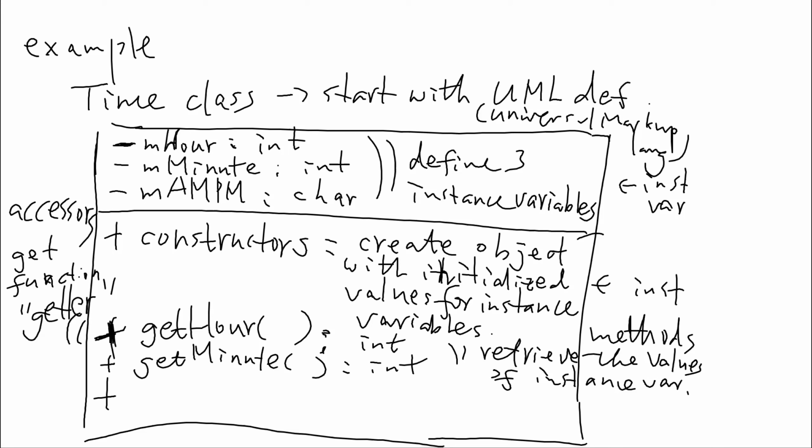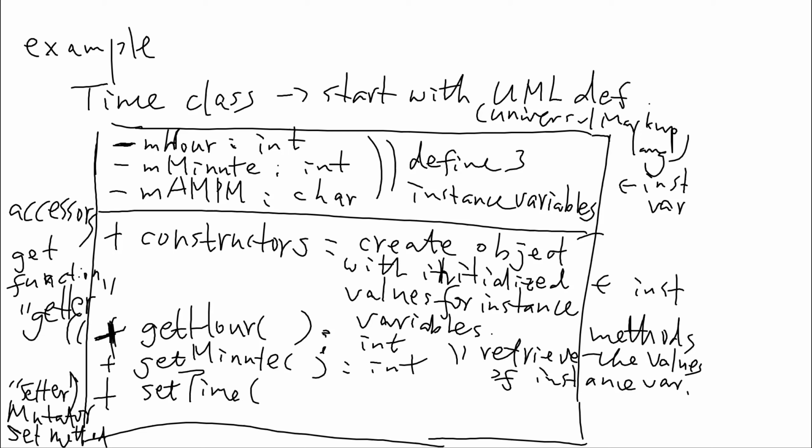But for your watch or your clock, you can also set the hour, the minute, everything. Generally speaking, we call them setters, or mutators, or just general set functions or set methods. In this case, suppose we have a function called setTime.